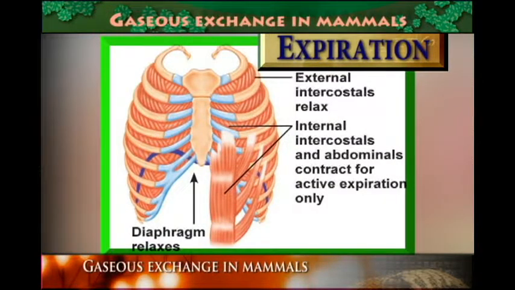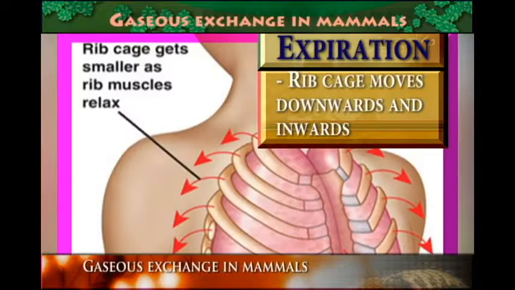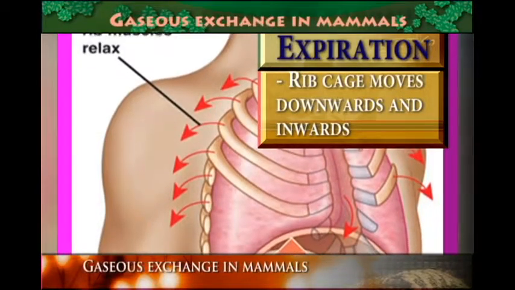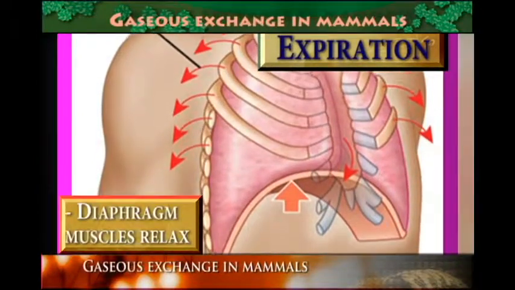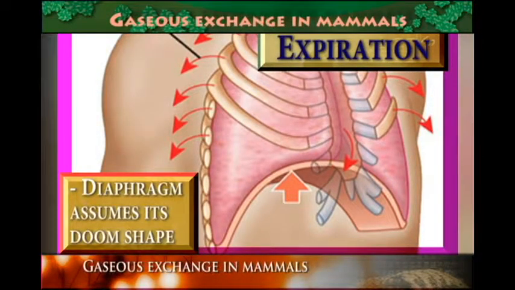Intercostal muscles: external intercostal muscles relaxing, internal intercostal muscles contracting, rib cage lowered downwards and inwards, diaphragm muscle relaxes and assumes its dome shape.